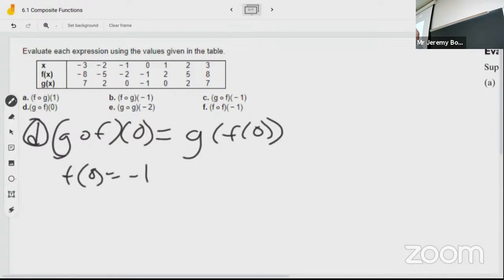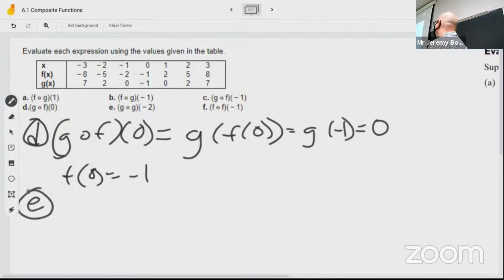And so now we're going to do G of -1, which is going to be 0. Good. Any questions on that one? All good.